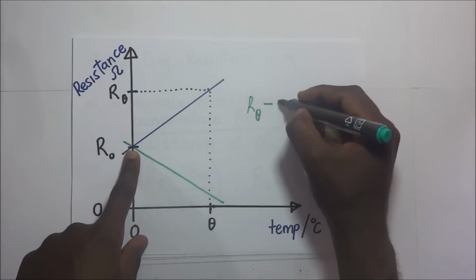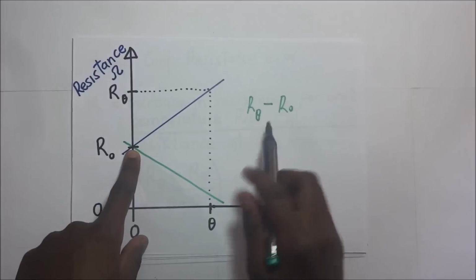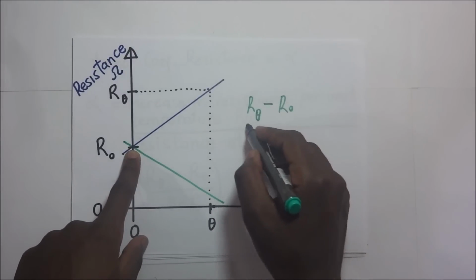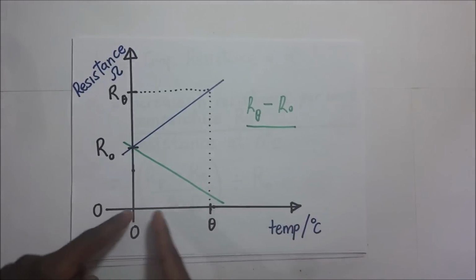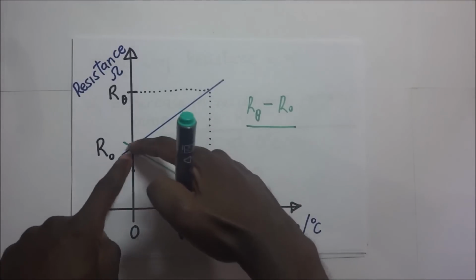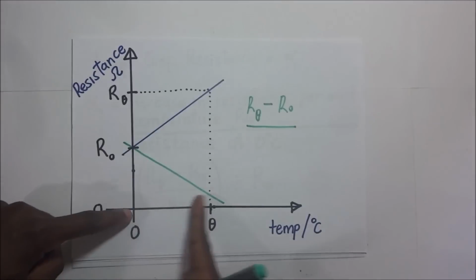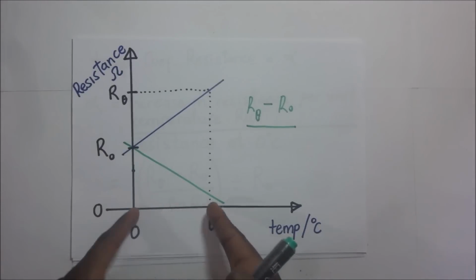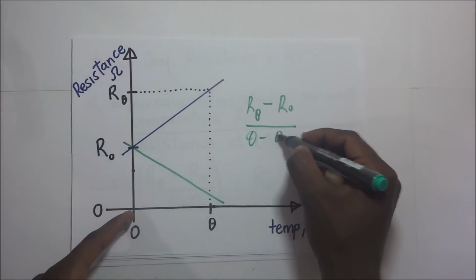According to the definition, it is the increase in resistance per unit increase in temperature. So when this increased from here to here, what was the corresponding change in temperature? It is theta minus 0.